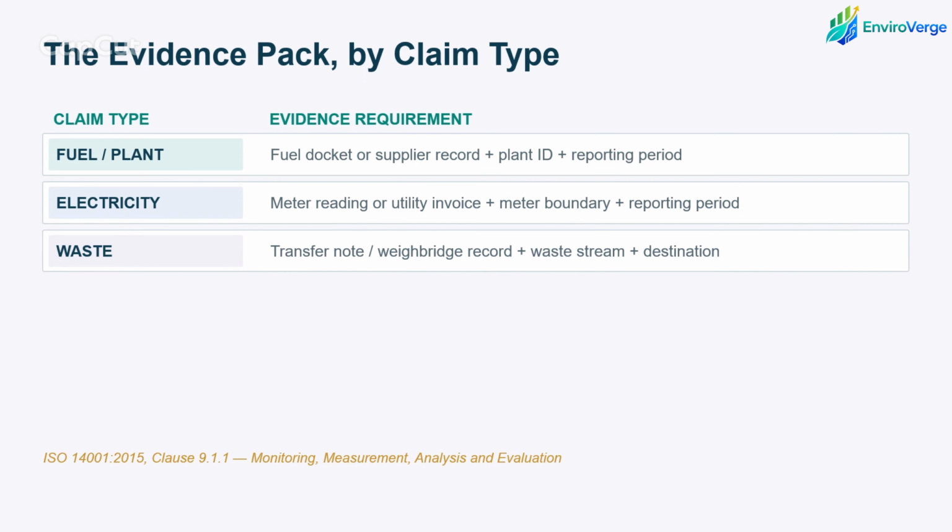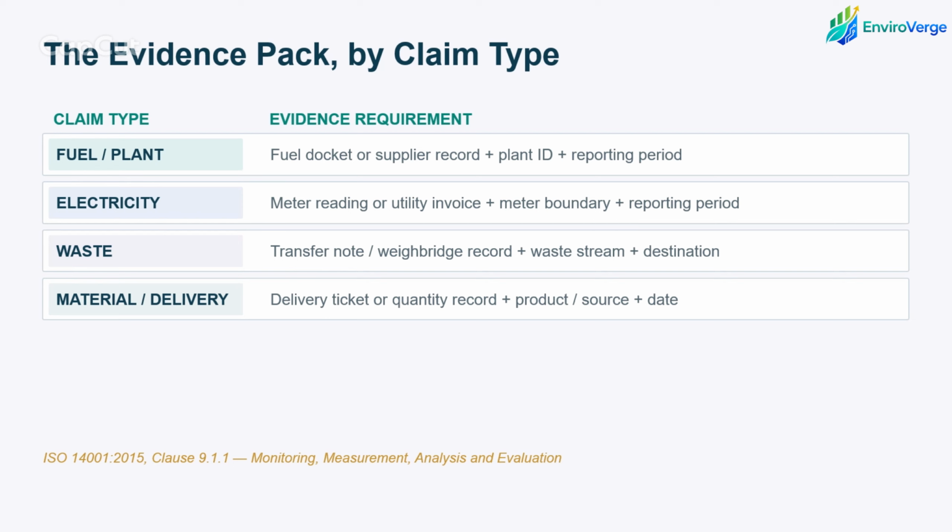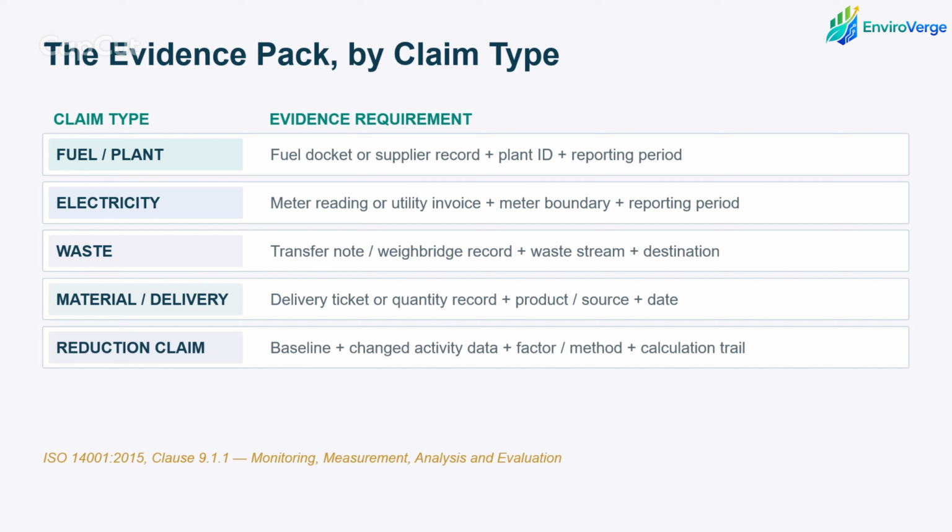Waste, a transfer note or weighbridge record, the waste stream, and the destination. Material and delivery, a delivery ticket or quantity record with product, source, and date. And for the reduction claim itself, your baseline, the changed activity data, the factor and method, and the calculation trail.